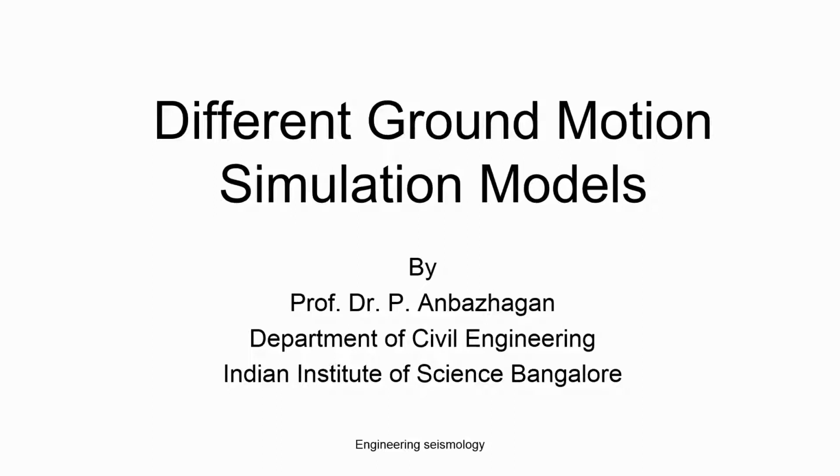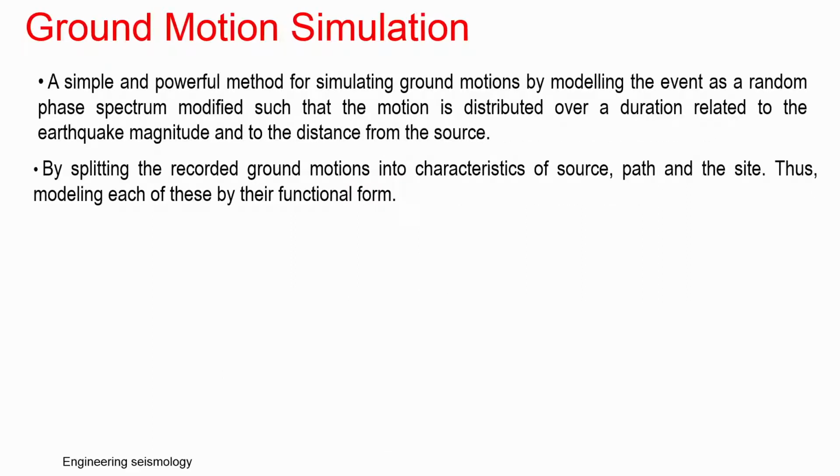So we are going to talk about an earthquake simulation model, which will help you simulate synthetic ground motion for any record data. The simulation model is a simple and powerful method for simulating ground motion by modeling the earthquake event as a random phase spectrum, modified such that the motion is distributed over a duration related to earthquake magnitude and distance from the source.